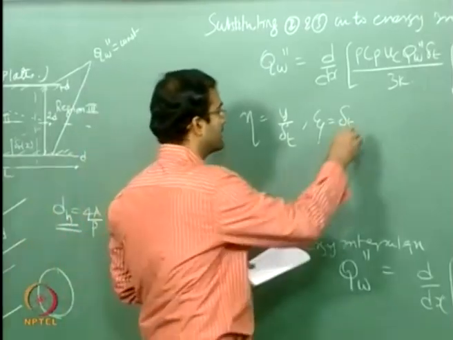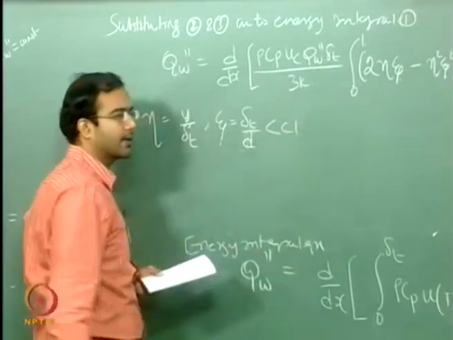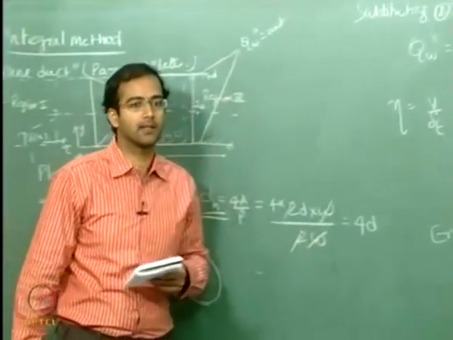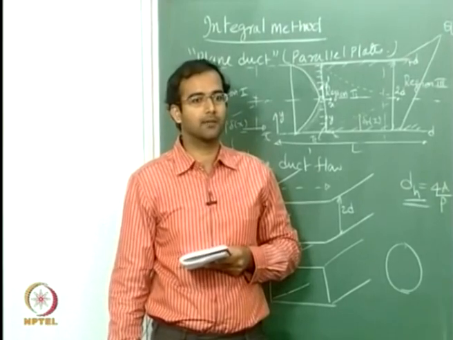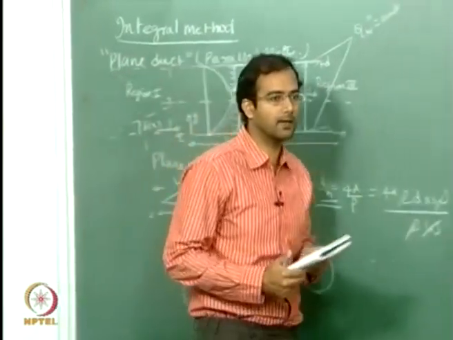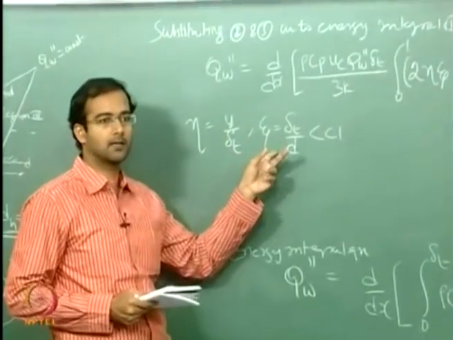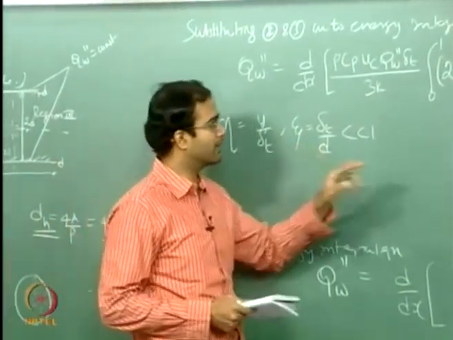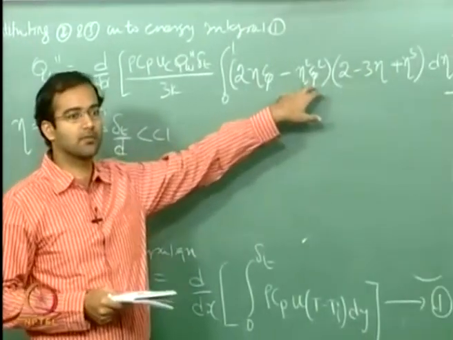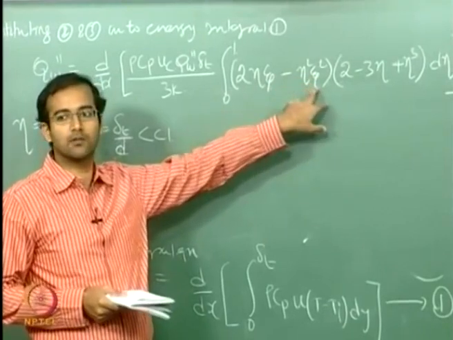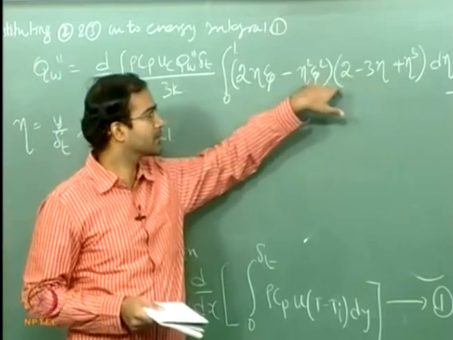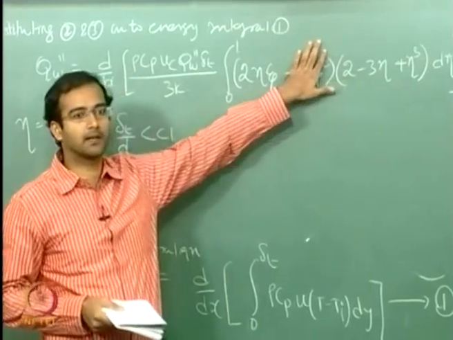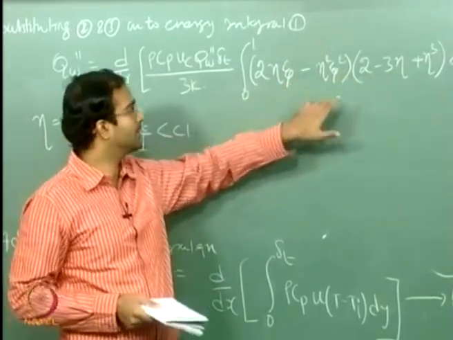Just like in your earlier case where Prandtl number was greater than 1, your delta t by delta was small. In this case, for the thermal boundary layer approximation to be valid, your zeta should be small. So you can neglect all the higher order terms of zeta of order 2 and above.